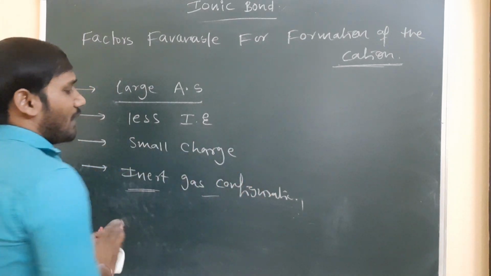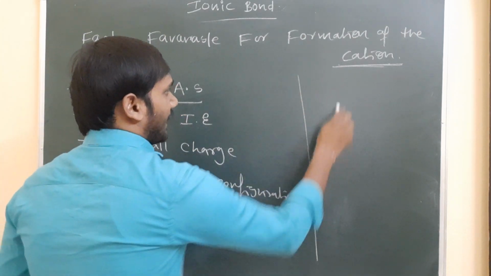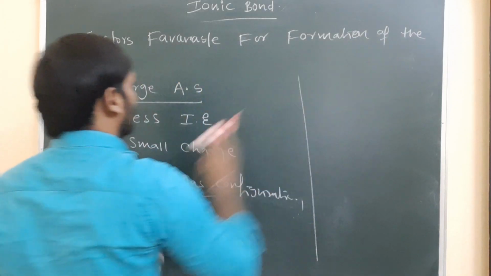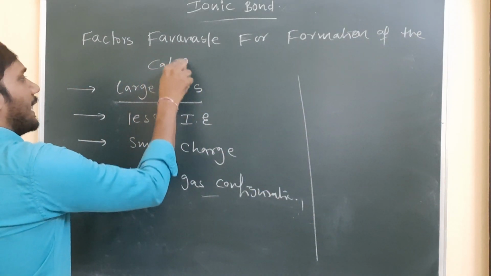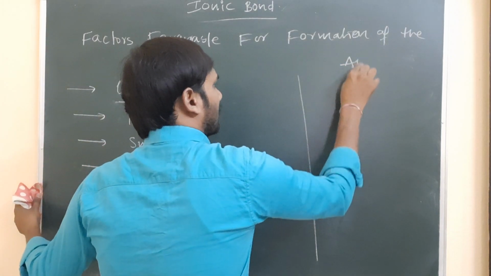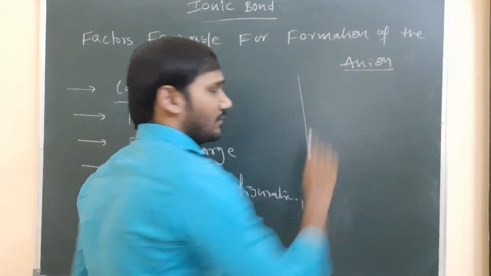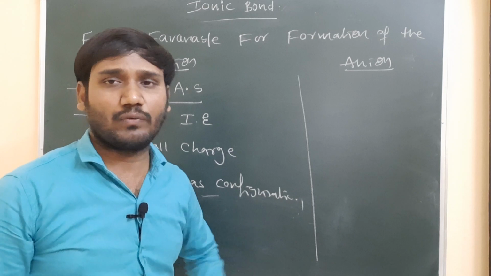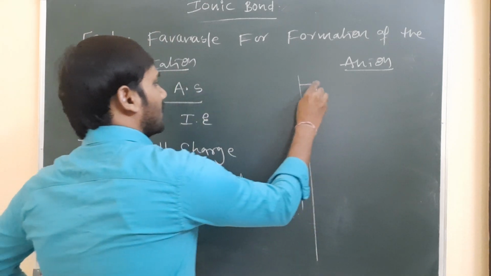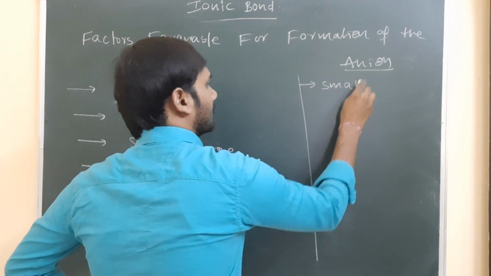Next, the factors favorable for the formation of the anion. First one is small atomic size.